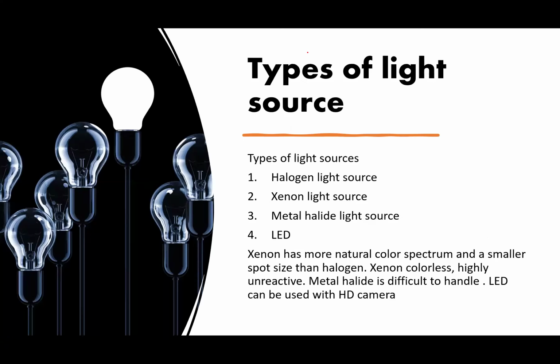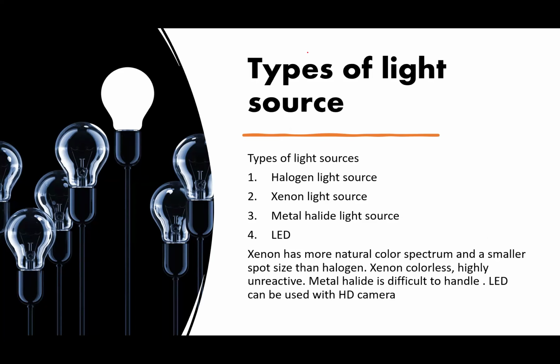Now, what are the types of lights from the light sources? Of course, it could either be a halogen light source, xenon light source, metal halide light source, or light emitting diode, LED. Now, the xenon has a more natural color spectrum and a smaller spot size than halogen.